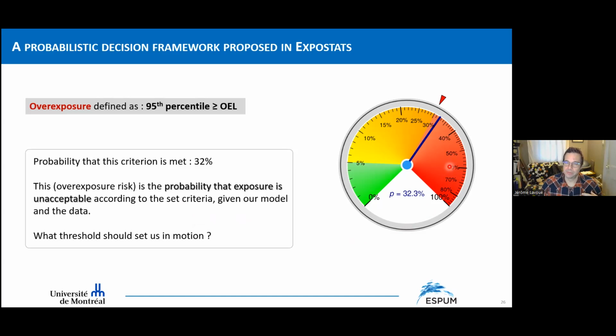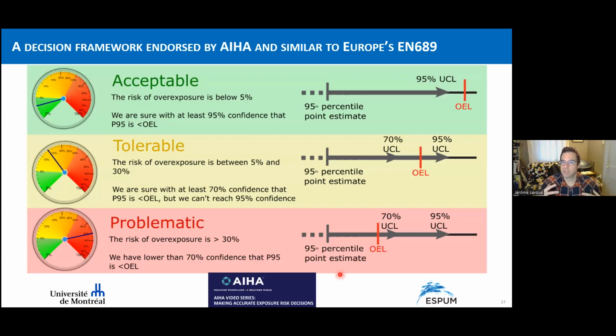So that's why you see the three colors that we have here, and this is one of the outputs of ExpoStats. And so if I go back to the scheme that I showed yesterday, that's proposed in the series of videos from the American Industrial Hygiene Association, we can use exactly the same framework, but use the probability of a problem instead of upper confidence limits.